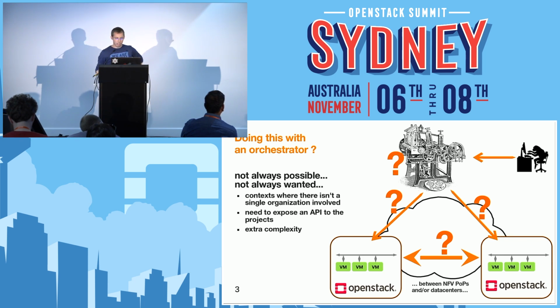And last but not least, even when it's wanted or feasible, having an orchestrator in the picture is still extra complexity, which is most often better avoided. So even if you have an orchestrator in the picture, if you can deliver a feature without involving the orchestrator, it's usually a win. So how can we do this without an orchestrator is the next question.